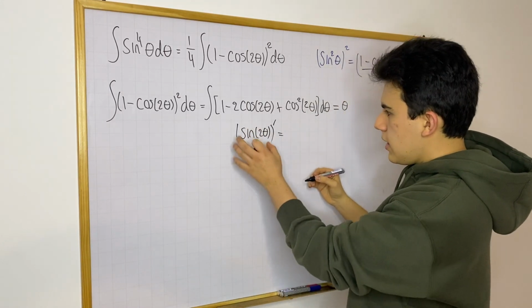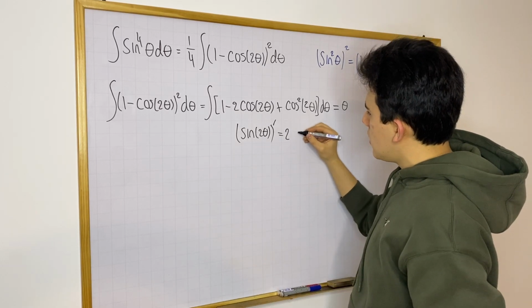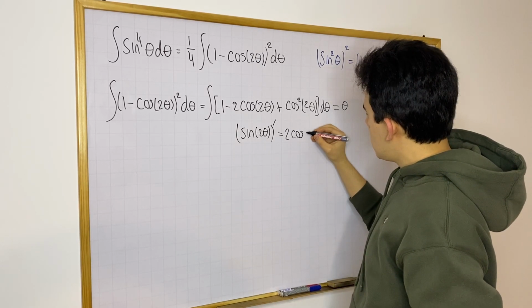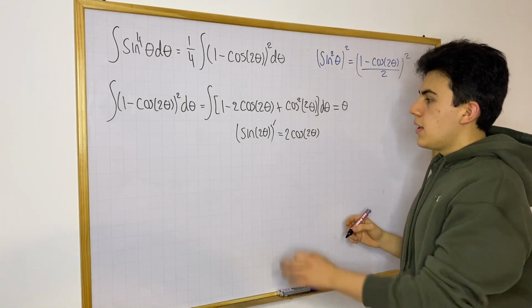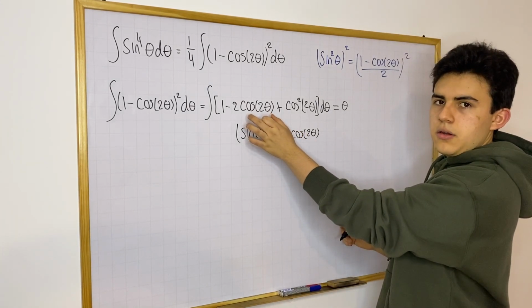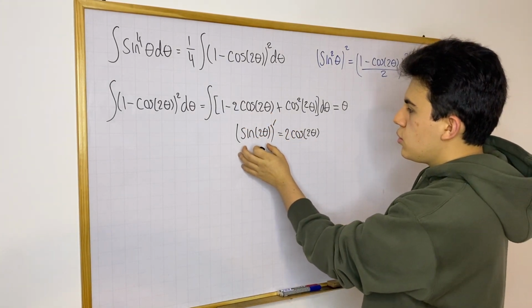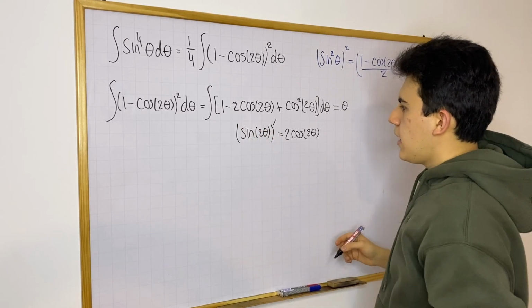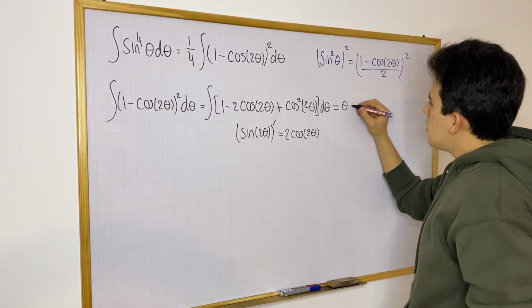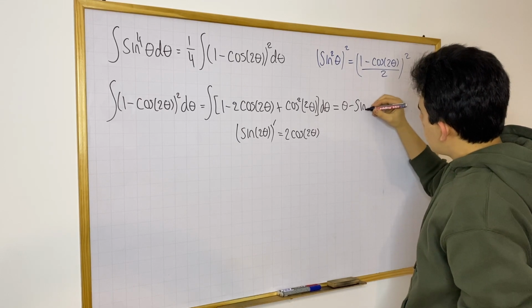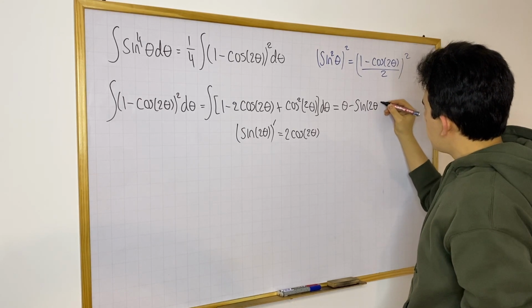If you differentiate this, what do you get? You're going to get 2 times cosine of 2 theta, okay? This is what you get. And notice, this is exactly what we have in here, okay? So that means that the solution we're looking for is just sine of 2 theta and then a negative in front, so that we get the same form. So this will be minus sine of 2 theta.